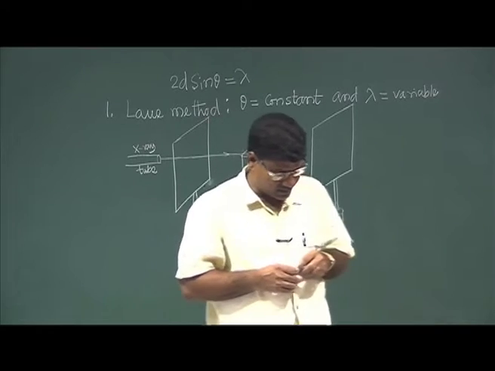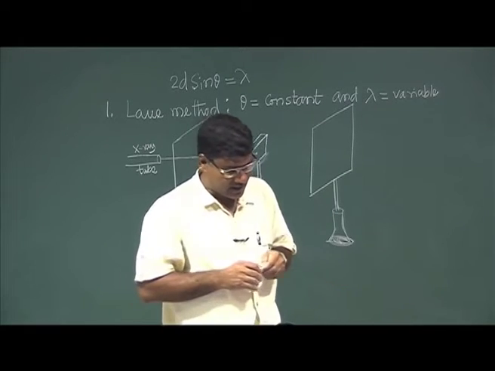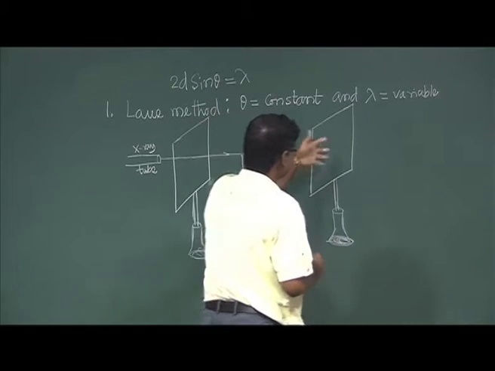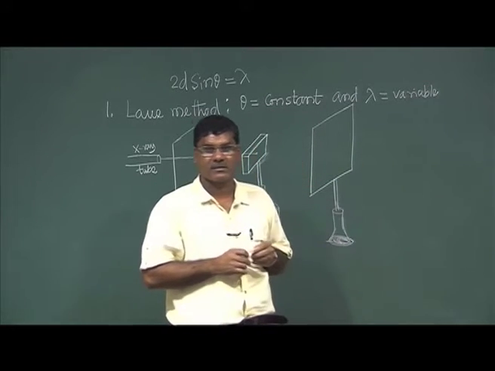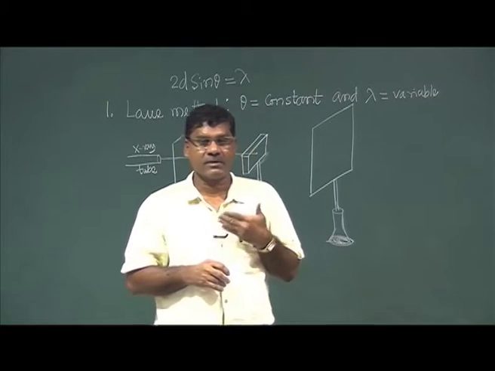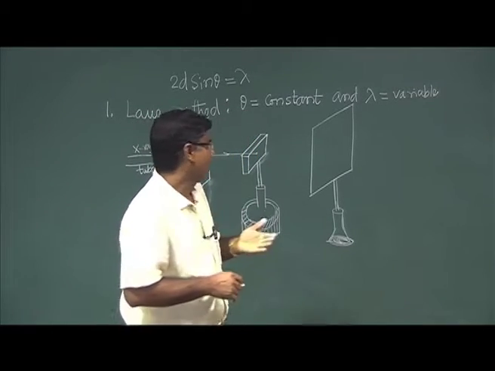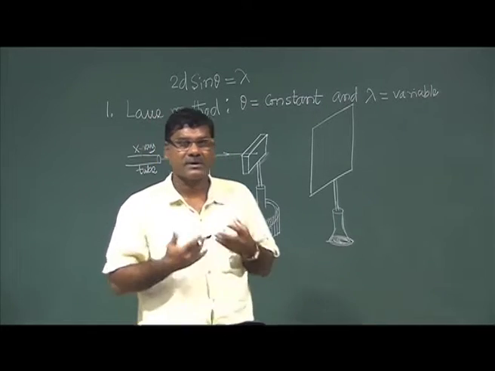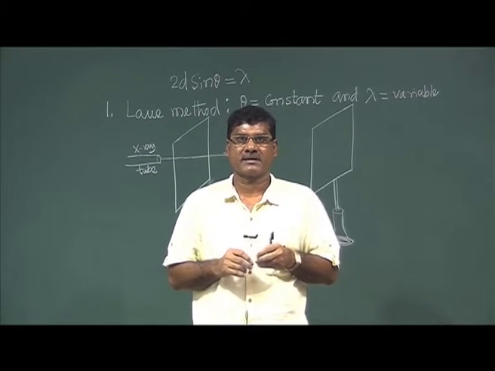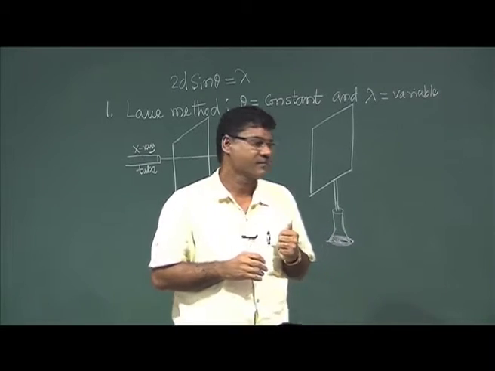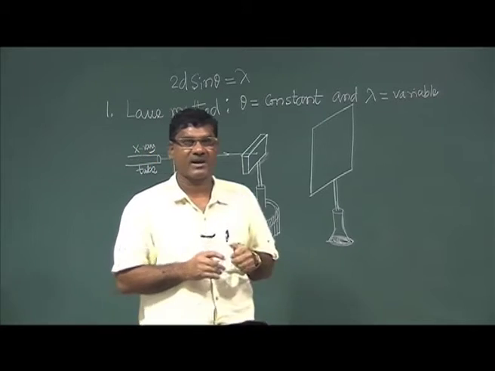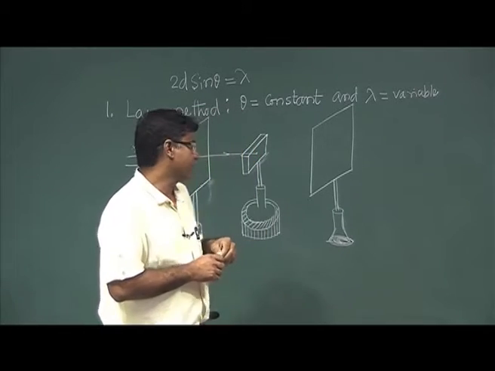Whatever spot we see on the forward plate is due to forward reflection, and on the other side we also see the intensity variation, which is called back reflection.